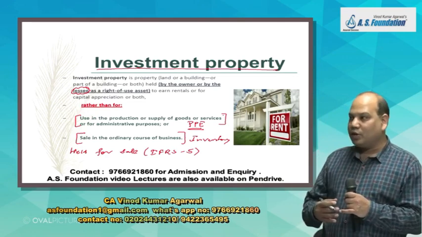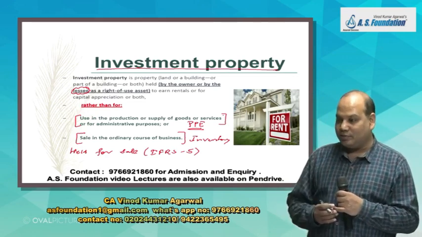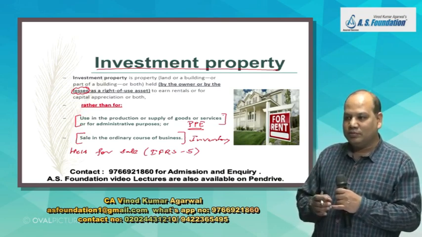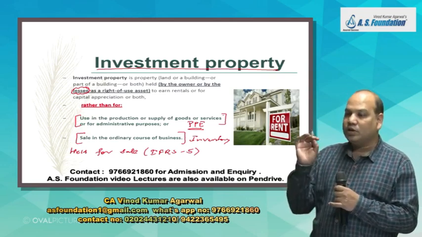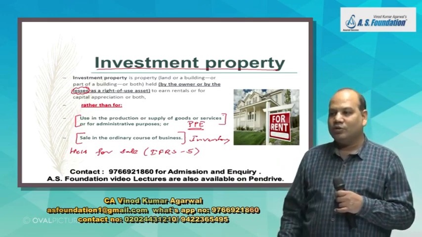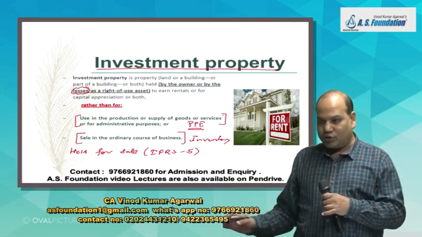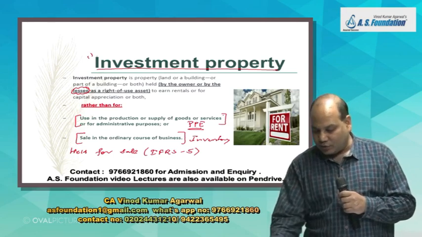Here also my objective is to invest in a property to sell it and make a capital gain. In IFRS 5 also I am holding a non-current asset to sell it. Is it right? But in IFRS 5 there are some conditions to be fulfilled for an asset to be called a non-current asset held for sale, and those conditions are different from the definition of investment property.